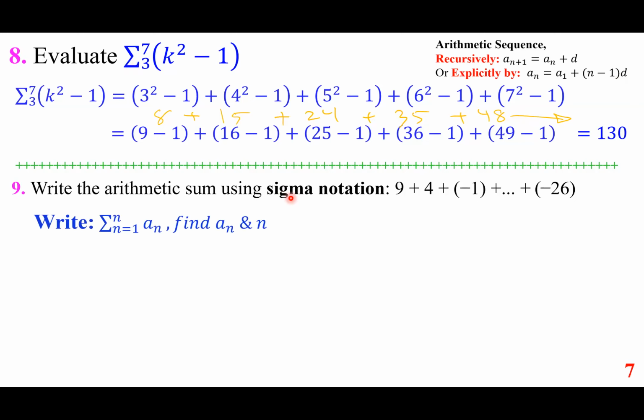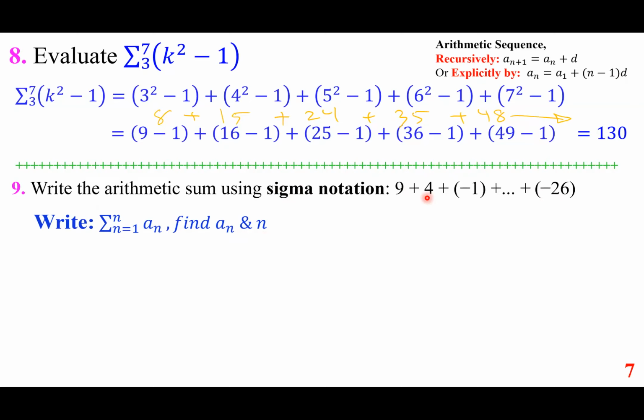With sigma notation, you want to write it in this format, n from 1 to n that you're going to figure out for this number. We want to find a sub n and n, where a sub n, of course, is a sub 1 plus n minus 1 times d.